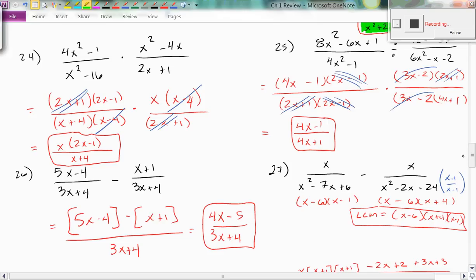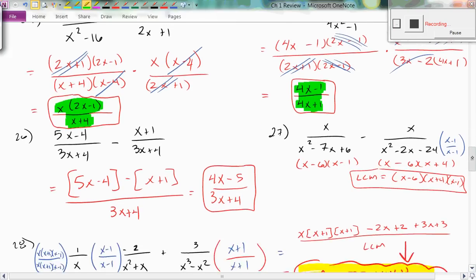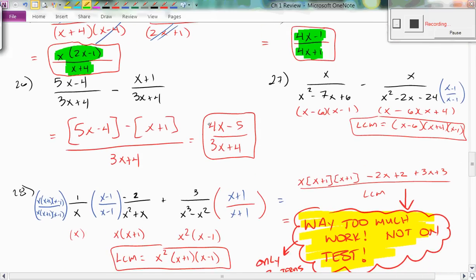Okay, number 24, I got x times 2x minus 1 over x plus 4. Number 25, I got 4x minus 1 over 4x plus 1. Number 26, I got 4x minus 5 over 3x plus 4.